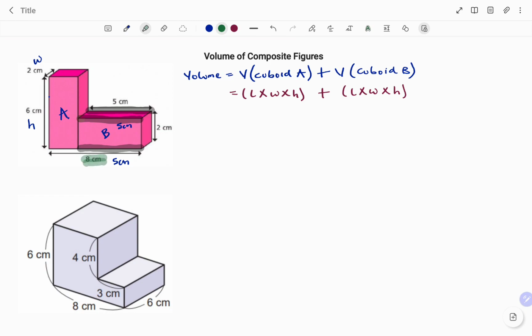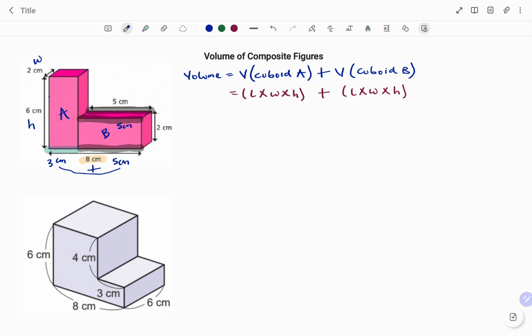Therefore, to find the remaining length, the rest will be 3 centimeters, because 8 minus 5 gives us 3. And if I add 3 and 5, that gives us the total length, 8 centimeters. Therefore, I've been able to find the length, width, and height of cuboid A.